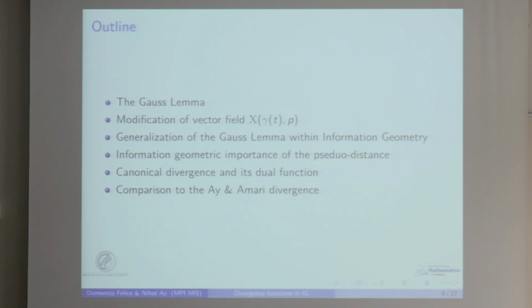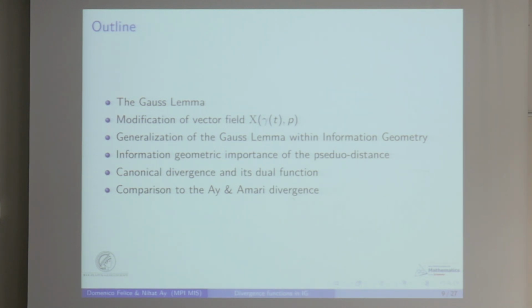So this is our reference. We want to extend this result to the framework of statistical manifolds in order to get a definition of a canonical divergence that is strictly connected to the intrinsic geometry of a statistical manifold.